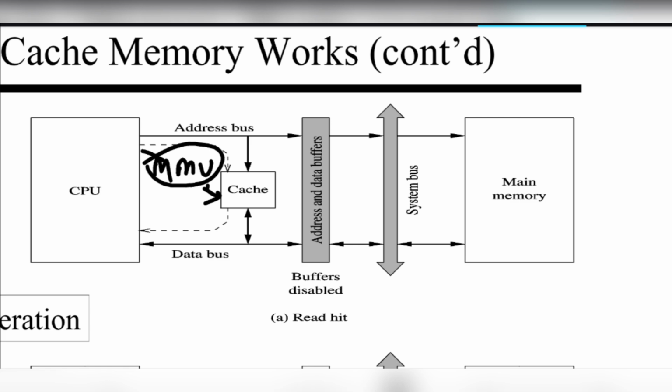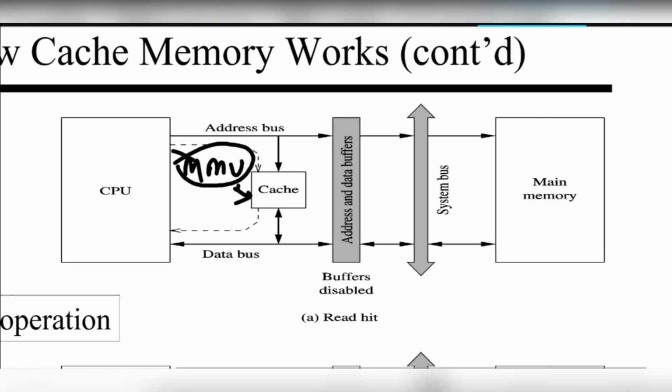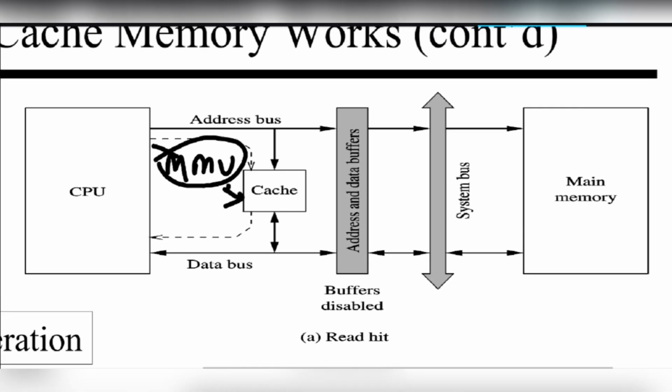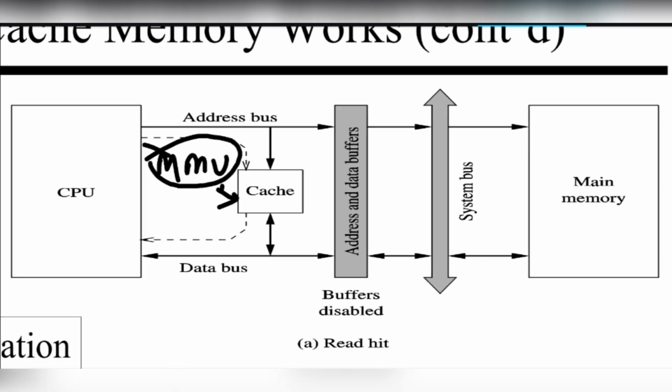What is the work of the memory management unit? It accelerates the search inside the cache to check whether the address is available or not. If not available, it brings it forward.